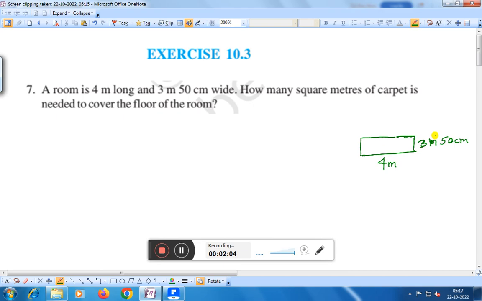Here we see that length is equal to 4 meter and breadth is equal to 3 meter 50 centimeter.